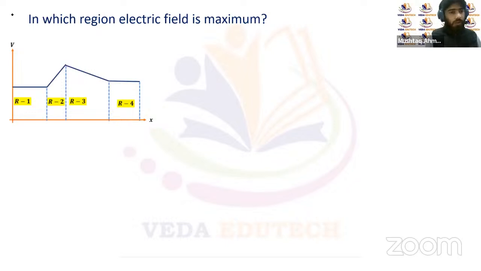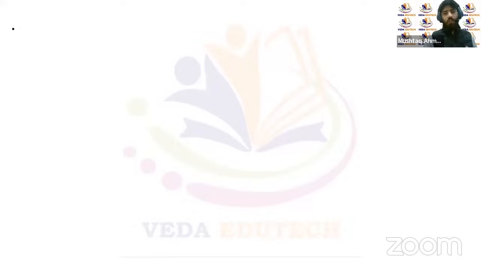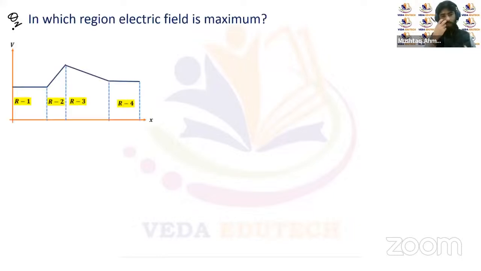We have another question here. In which region is the electric field maximum? We have been given a potential versus position graph with 4 regions with different slopes: region 1, region 2, region 3, and region 4. For region 1, the potential is constant, and then for regions 2, 3, and 4 the slope of potential versus x is different.